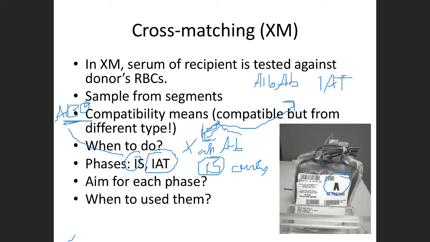So if there is an IgG incompatibility, we will detect it at the indirect phase.